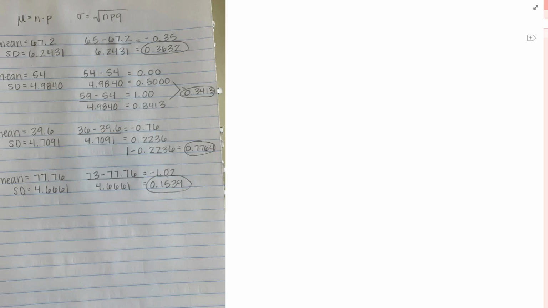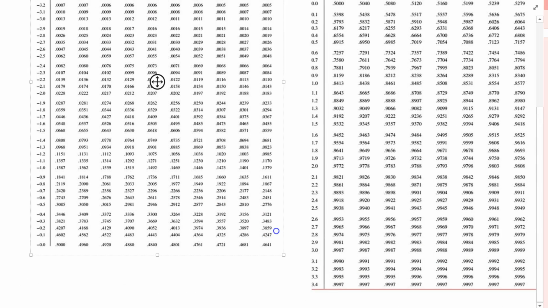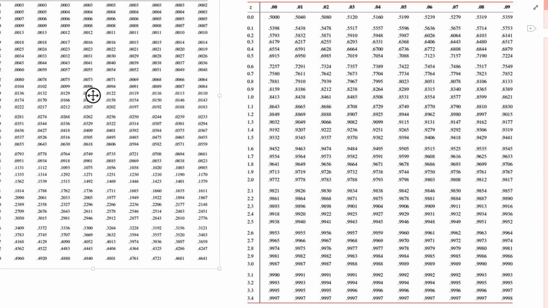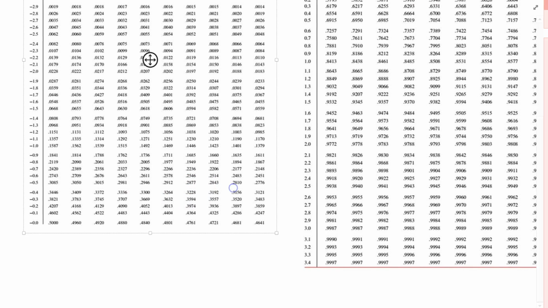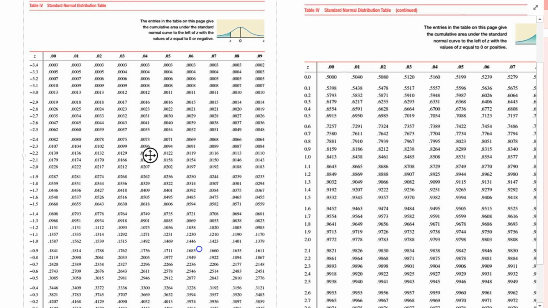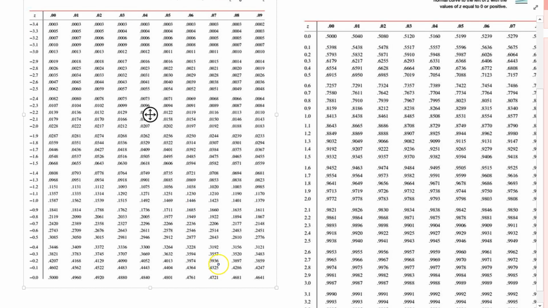For minus 0.27, I go to the table, minus 0.2 and then 7, and I get 0.3936.